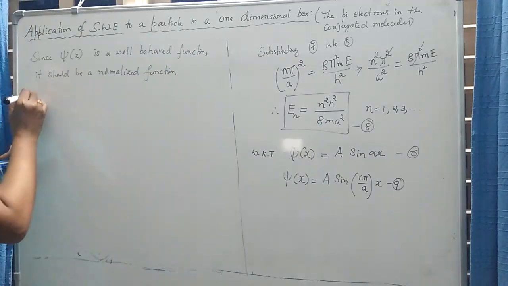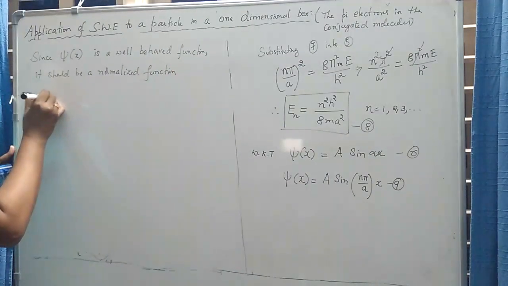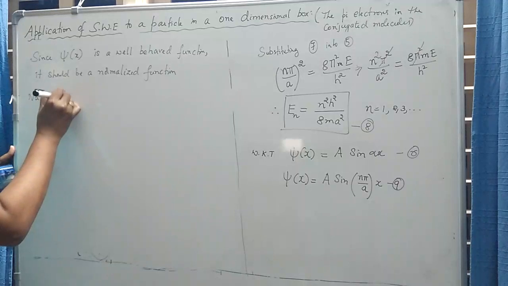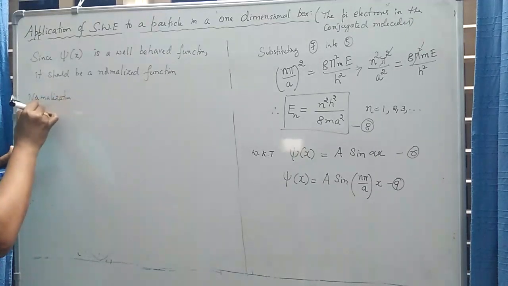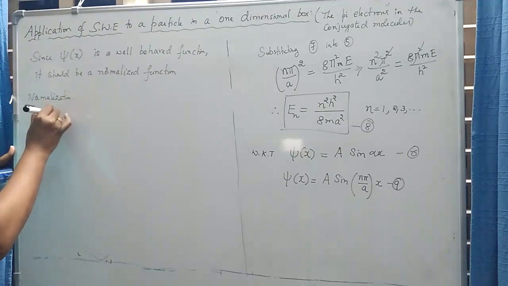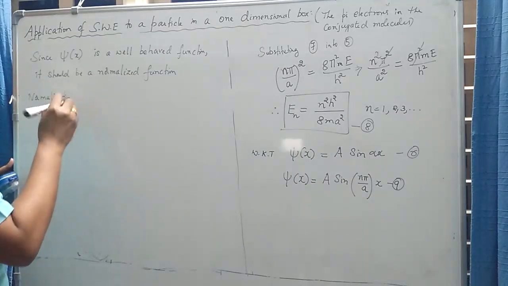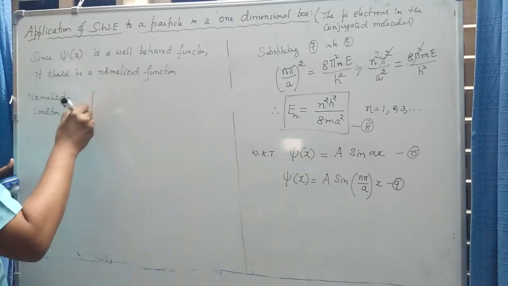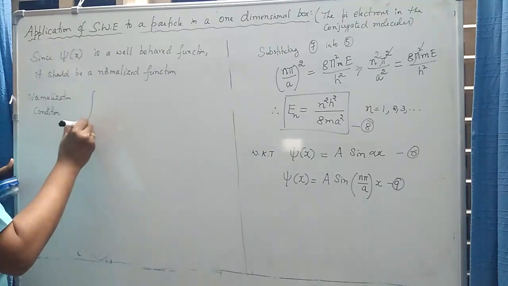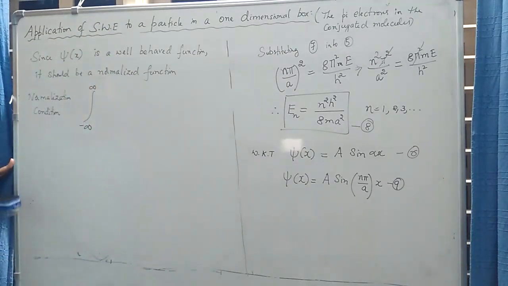So let us apply the normalization condition. In the last class, in the last video, we discussed the normalization condition both in one dimension as well as three dimensions. Since it is a one-dimensional problem, we apply the one-dimensional normalization condition. The total probability of finding the particle in the entire space is 1.